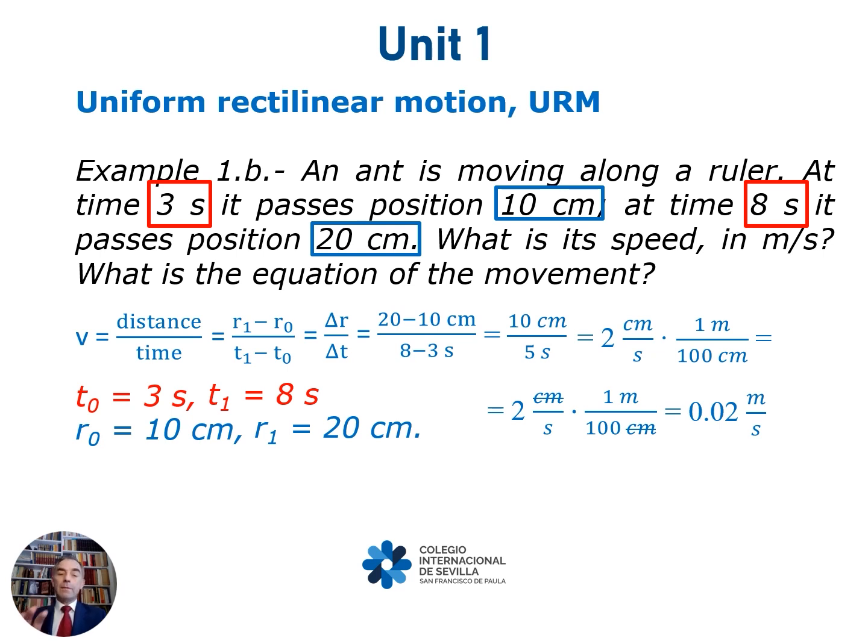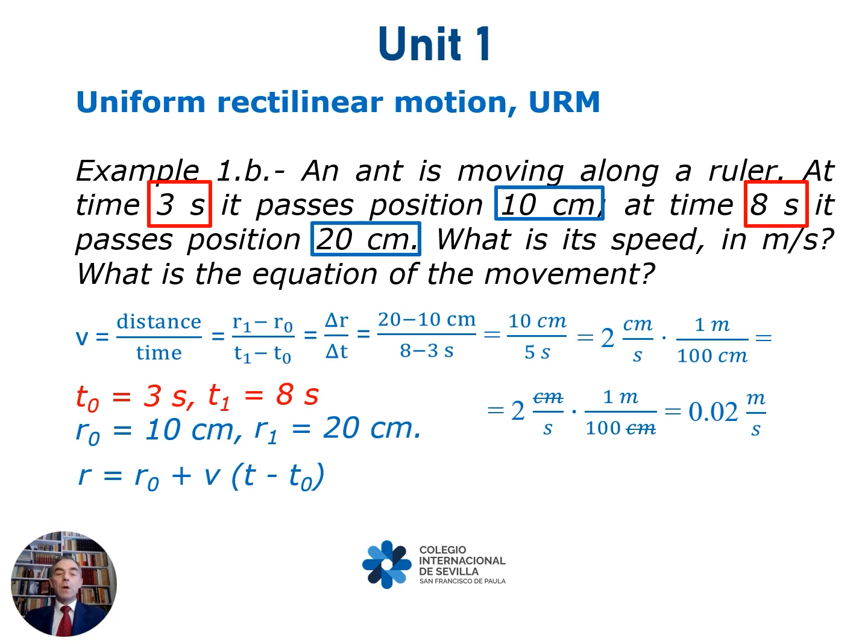We have the speed. Let's now see the equation of the movement of the ant. We assume it is uniform rectilinear motion, and we know that the equation for the uniform rectilinear motion, the position, is given by the expression: position at any time equals initial position plus speed that multiplies the value of time minus the value of the initial time.